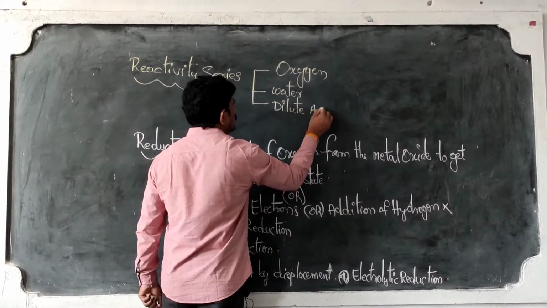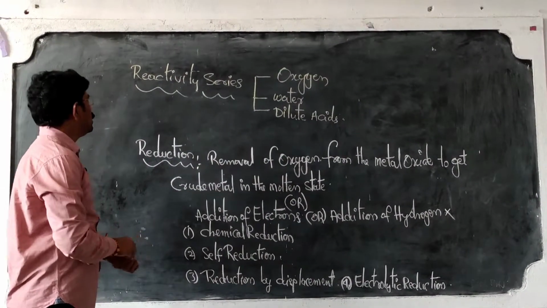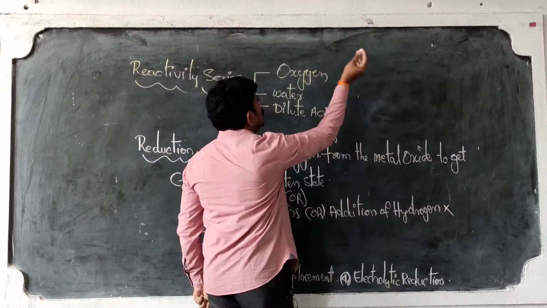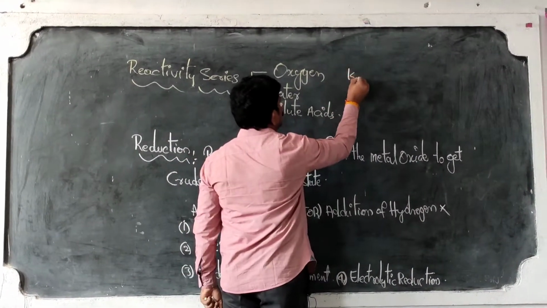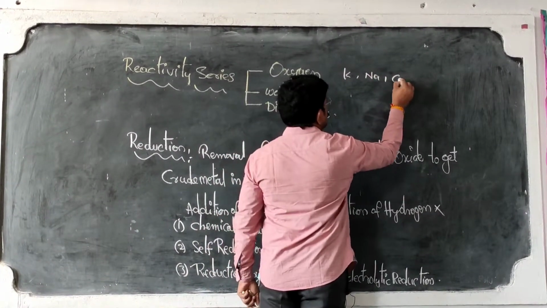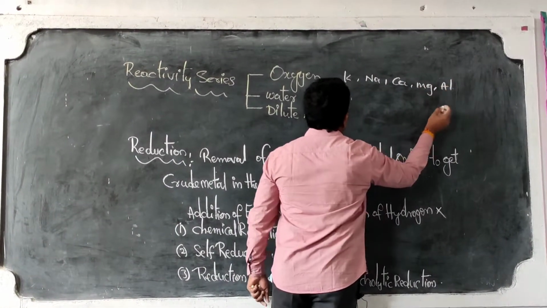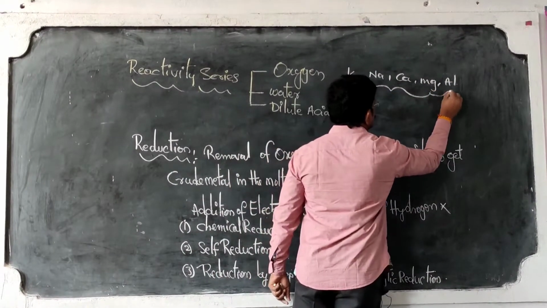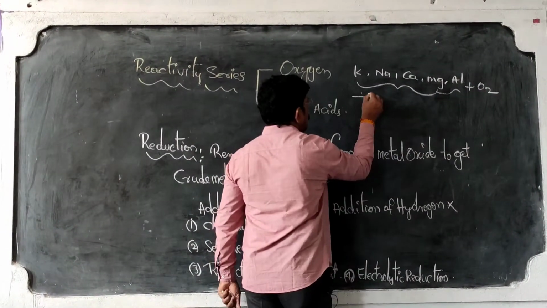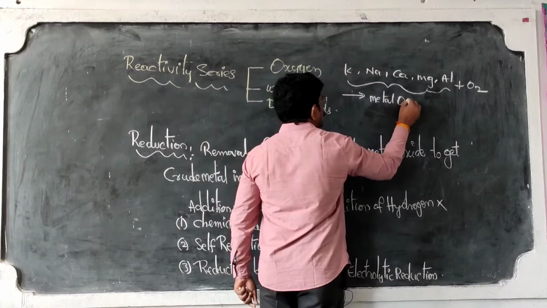So all the metals, for example, potassium, sodium, calcium, magnesium, aluminum, all these metals react with oxygen to form metal oxide.